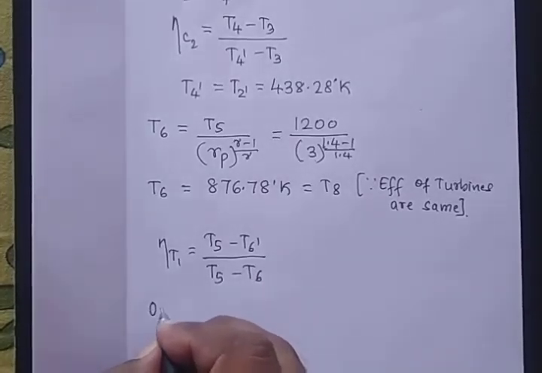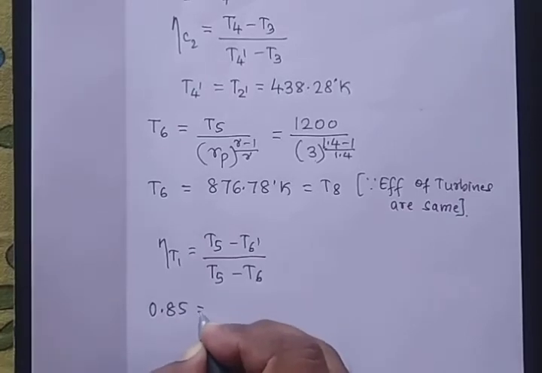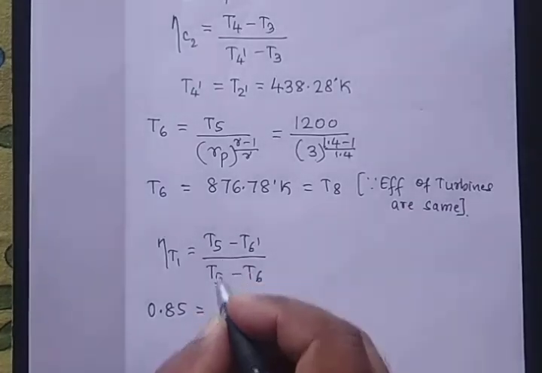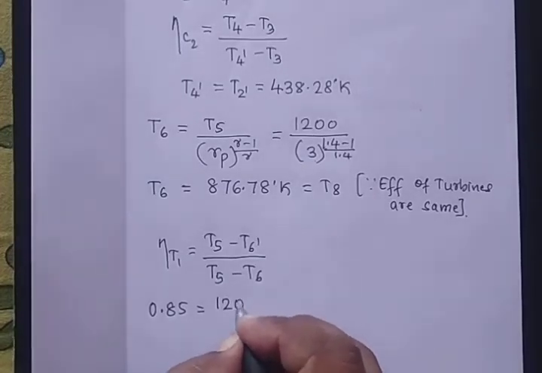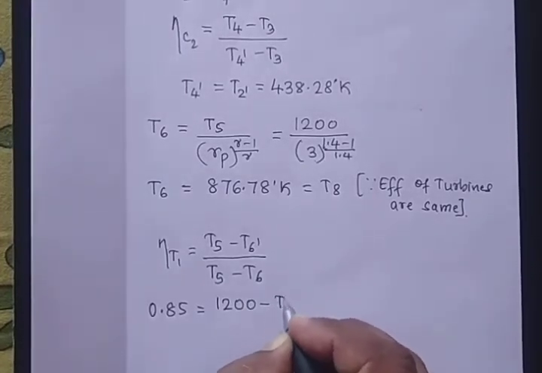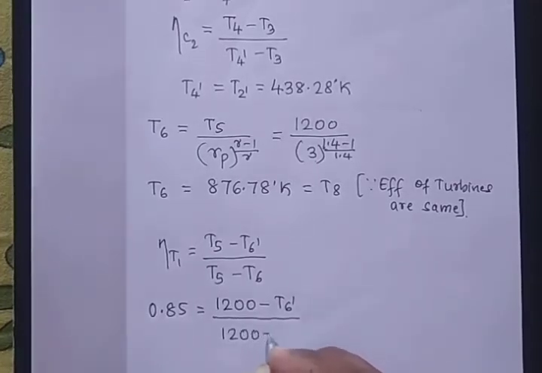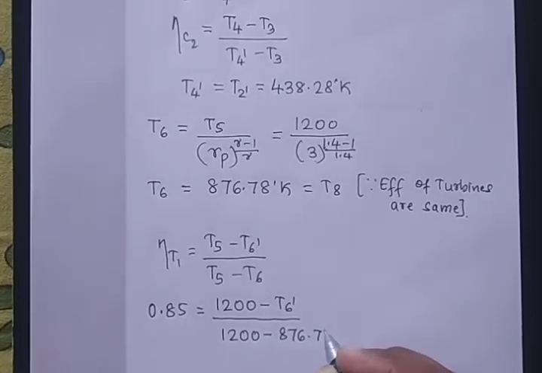So efficiency of the turbine is 85%, which is given in the problem. Then T5 is 1200, T6 dash we need to find out, divided by 1200 minus T6, that is 876.78.